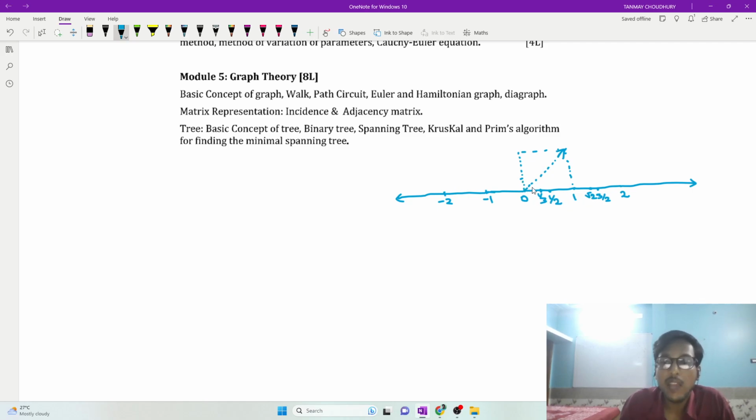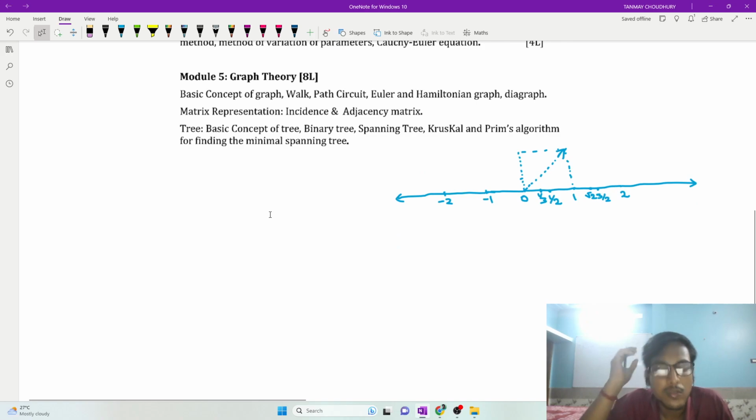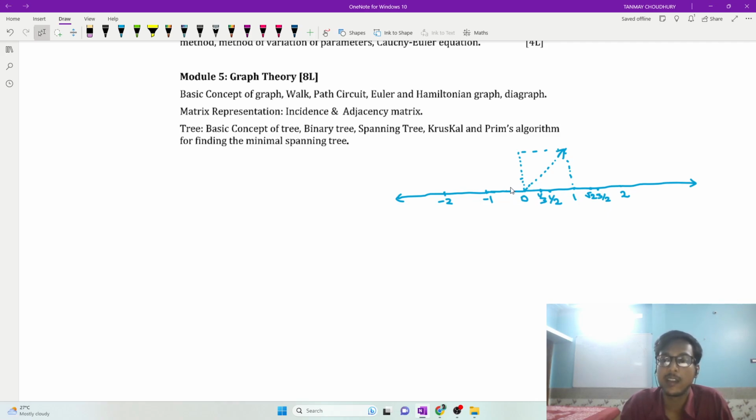What I actually want you to understand is that for each real number there is a unique point on this real line. By real number I am denoting all the complex numbers of which the imaginary part is 0.